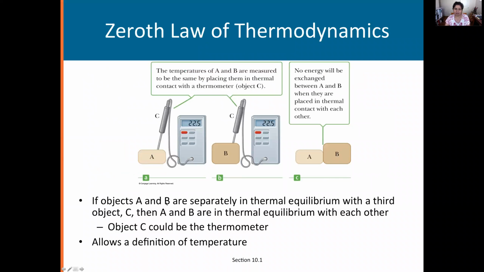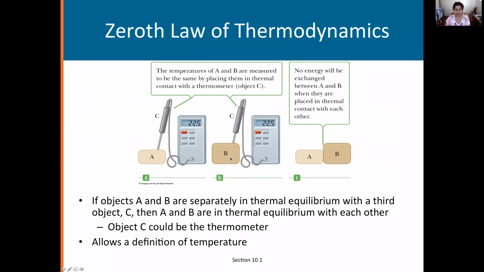So let's say I have an object A and an object B. Let's say object A is in thermal equilibrium with this object C, which happens to be a thermometer. So let's say the thermometer is reading 22.5 degrees Celsius, and that is the temperature of the thermometer and the same temperature for object A. So these two are in thermal equilibrium because they are in thermal contact.